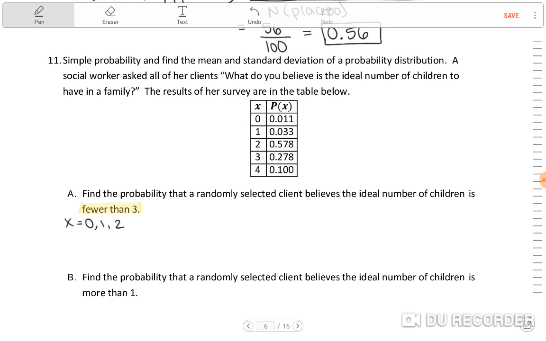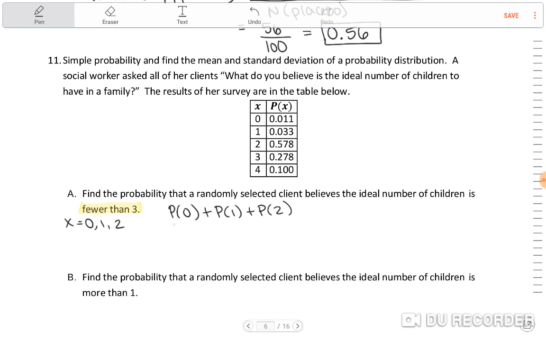All right, so I want to know what's the probability that they believe it is fewer than 3. Well, if I just take each of those probabilities, so probability of 0 plus the probability of 1 plus the probability of 2, and I add those up, that would be the probability of being fewer than 3.